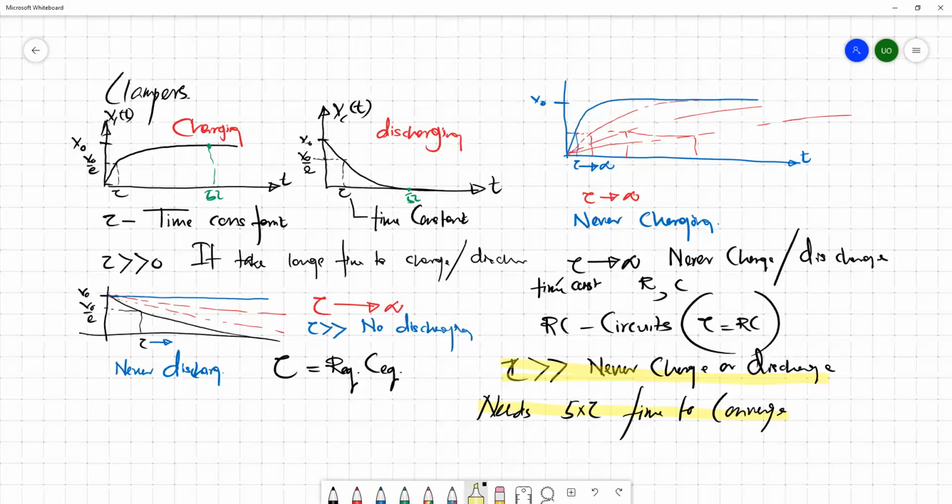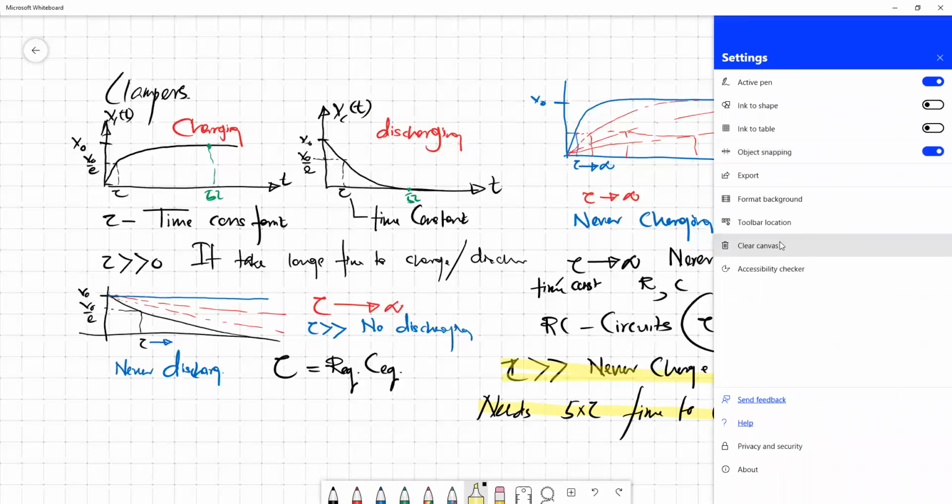At the same time, to converge the voltage to a certain value, the capacitor needs 5 times the time constant to reach its maximum or minimum. It takes 5 times tau seconds. So this is the basics we need.